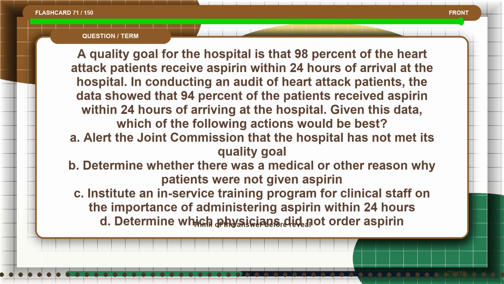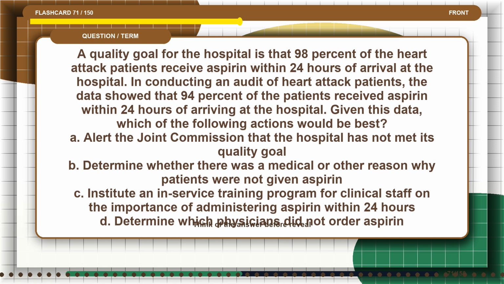Flashcard 71. A quality goal for the hospital is that 98% of the heart attack patients receive aspirin within 24 hours of arrival at the hospital. In conducting an audit of heart attack patients, the data showed that 94% of the patients received aspirin within 24 hours of arriving at the hospital. Given this data, which of the following actions would be best?